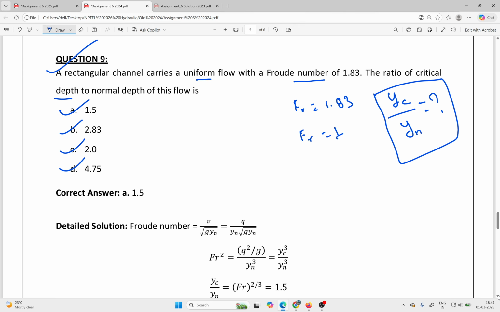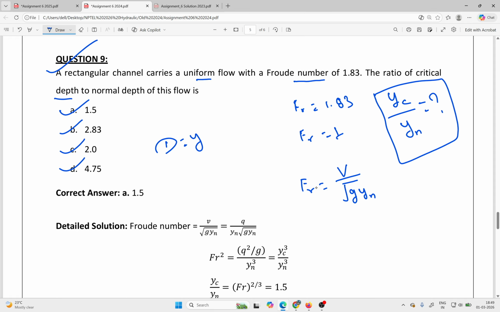You already know that Fr is equal to V by root of g D. In a rectangular channel you can write directly D equal to y, as we have already discussed earlier.